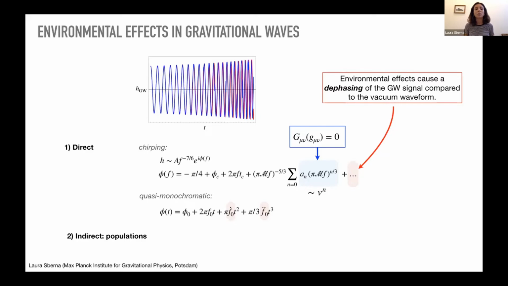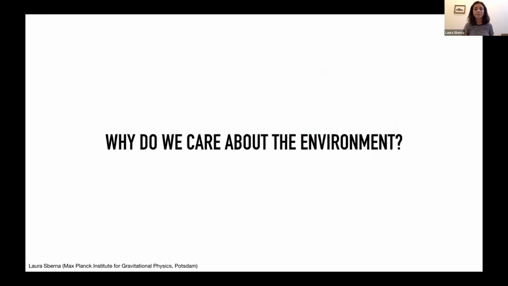But of course, we can also have indirect imprints of the environment on a population of gravitational wave sources. This is what LIGO and Virgo are trying to exploit by looking at correlations among the population of sources, to try and infer not just the environment, but the evolution history of these binaries.